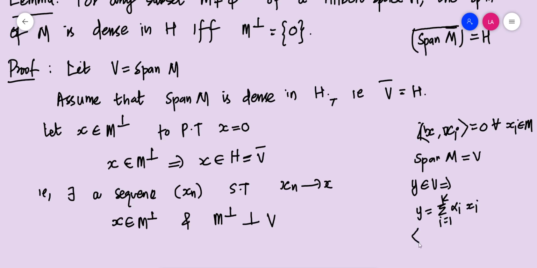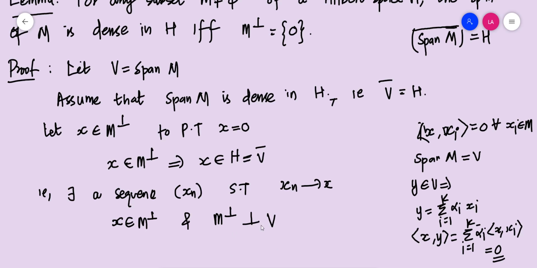So the inner product of X and Y equals the summation from i equals 1 to k of alpha i bar times the inner product of X and Xi, and the inner product of X and Xi is always 0, so the summation should be equal to 0, which means Y is orthogonal to X. Since Y is arbitrary, every element of V is orthogonal to every element of M perpendicular.